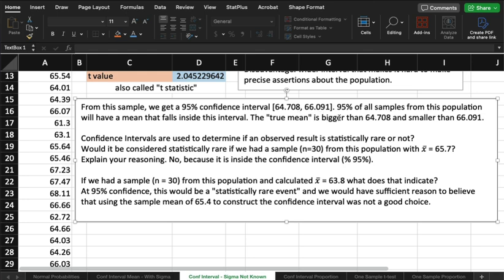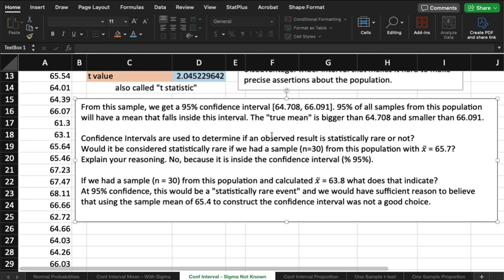So what that means is that 95% of all samples from this population, as long as it's a sample of size 30, right? So take a sample of size 30 and just keep doing that over and over again. 95% of all those samples from this population will have a mean that falls inside this interval.